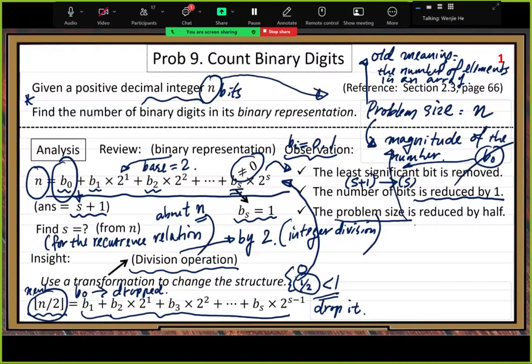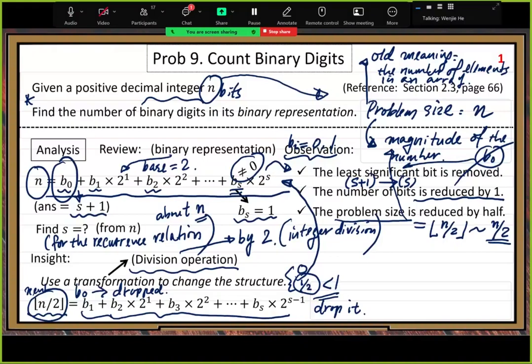So the problem size here is floor function of n over 2. That's approximately n over 2, right? We use approximation very often. So it's approximately half. So reduced by half.